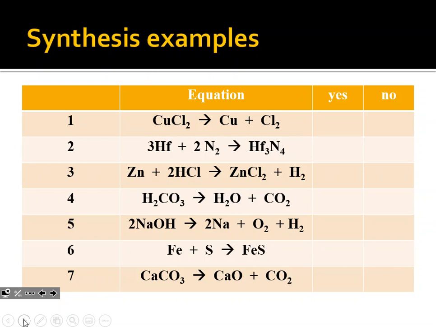So this would be a no. Instead, it looks like we have one thing breaking apart into two things, right? So that one does not fit the synthesis description. How about number 2? Does number 2 fit the synthesis description? Yes, okay. We do have two things coming together to make the one compound.